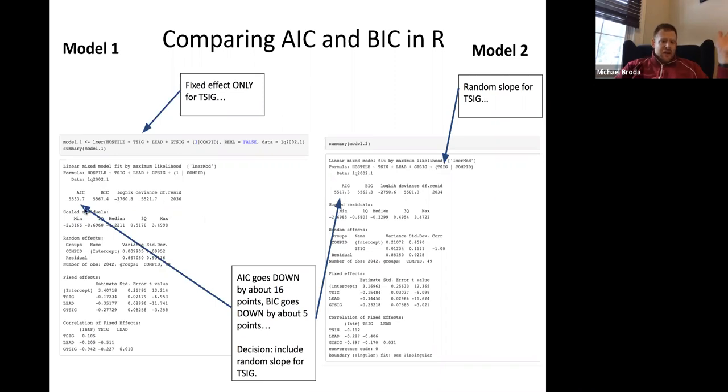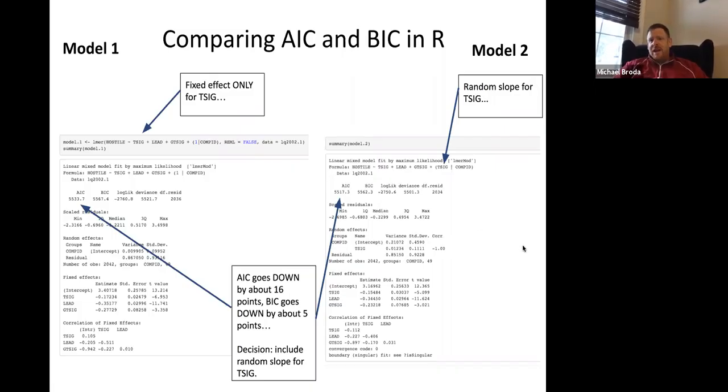How many things do we estimate? 1, 2, 3, 4, 5, 6. We estimated 6. And then BIC would be log n times the number of parameters. So log times the number of observations, which in this case is about 2,000. So the raw components are all here, but it's nice that the software calculates AIC and BIC for us, but that's where it's actually coming from.